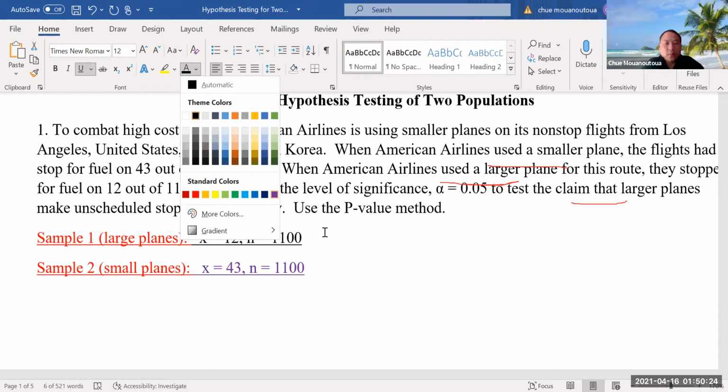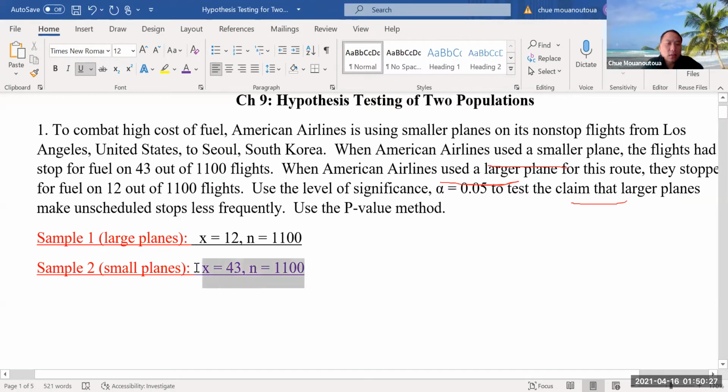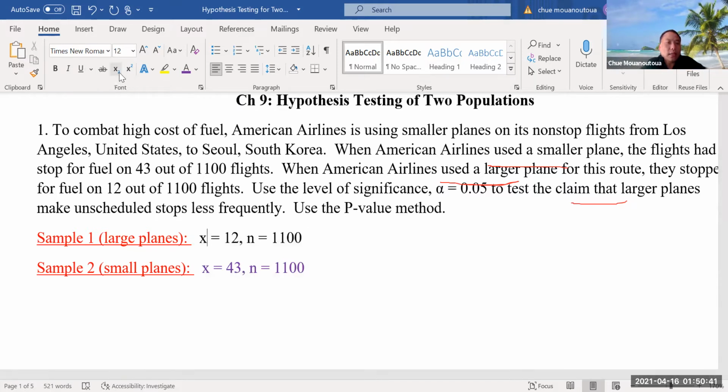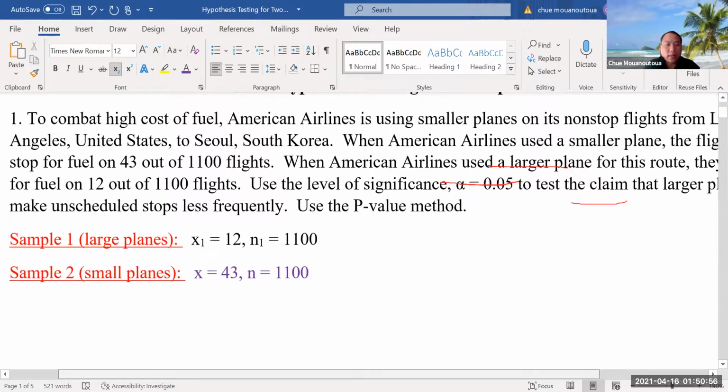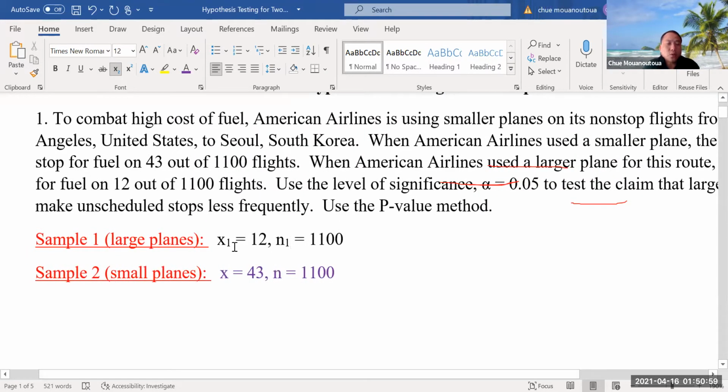Now we're going to use the 1 and the 2 to tell us which sample it is. So I'm going to make a subscript 1 for X, and 1 for N. X1 and N1 belong to the large planes.